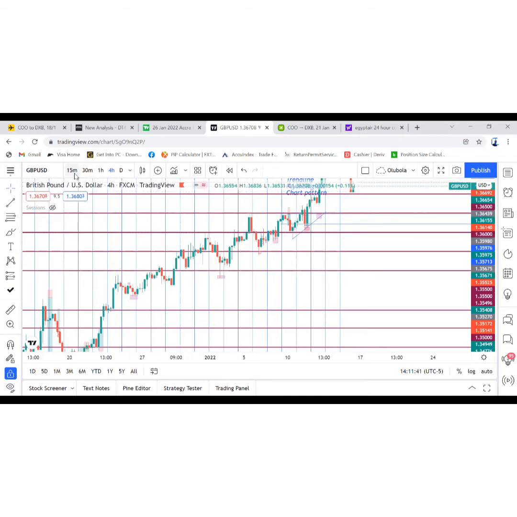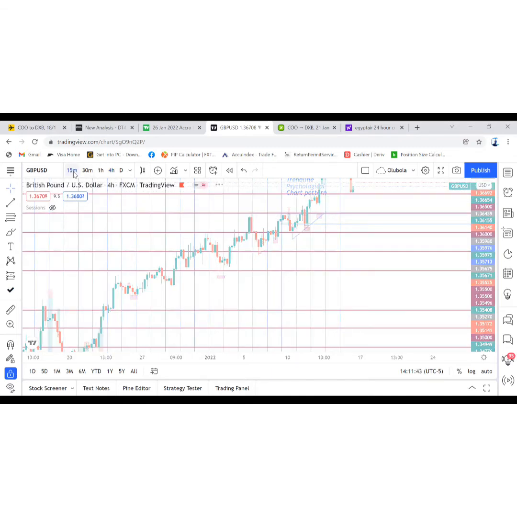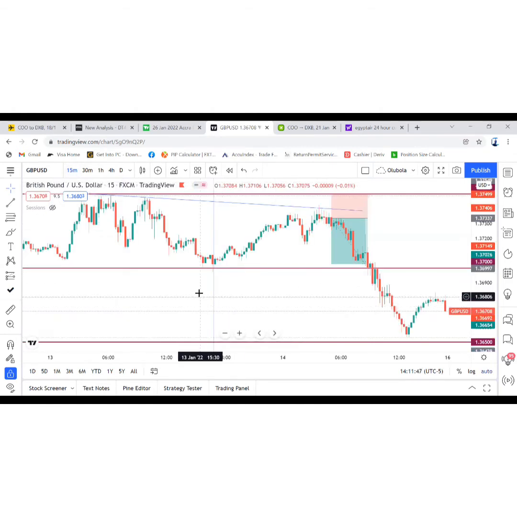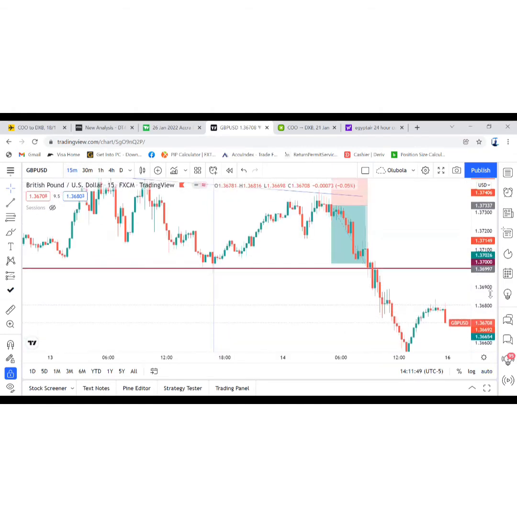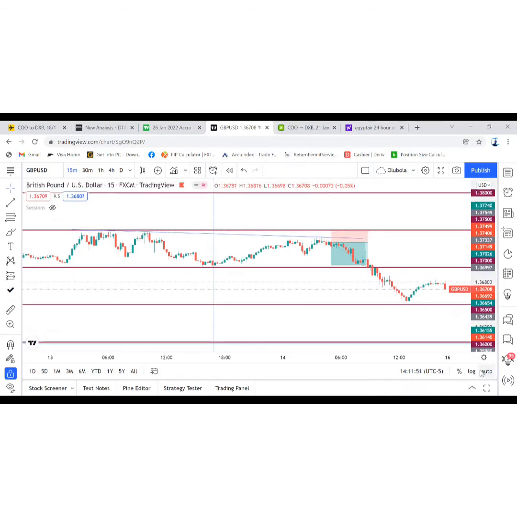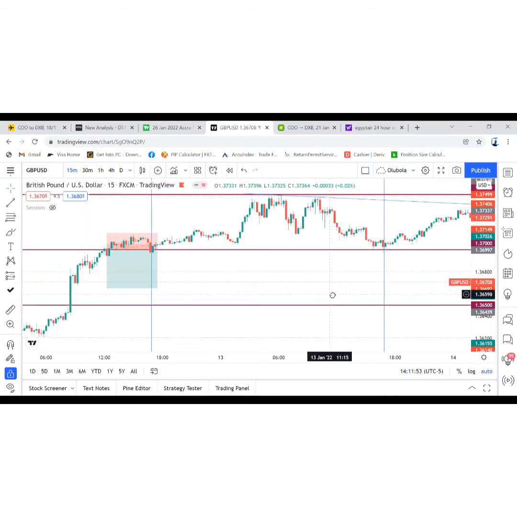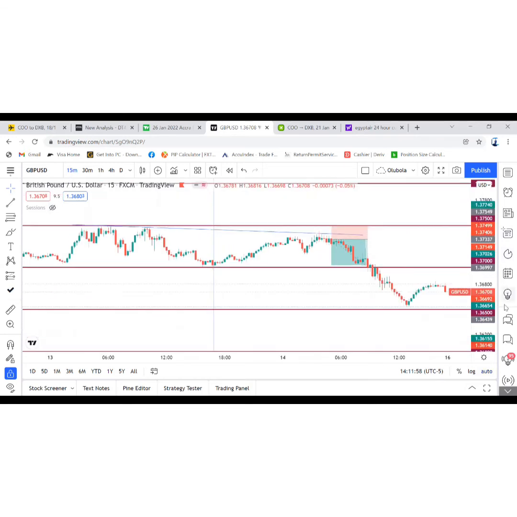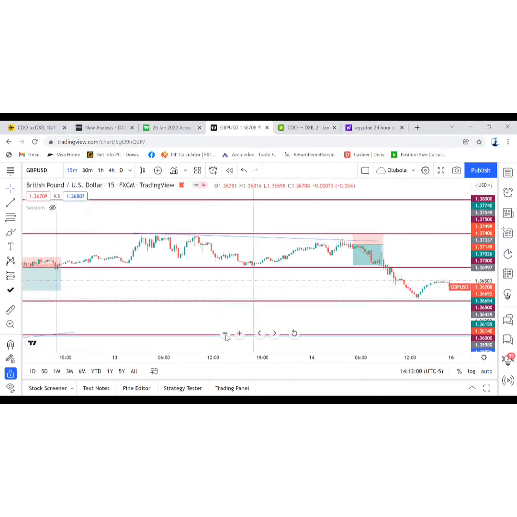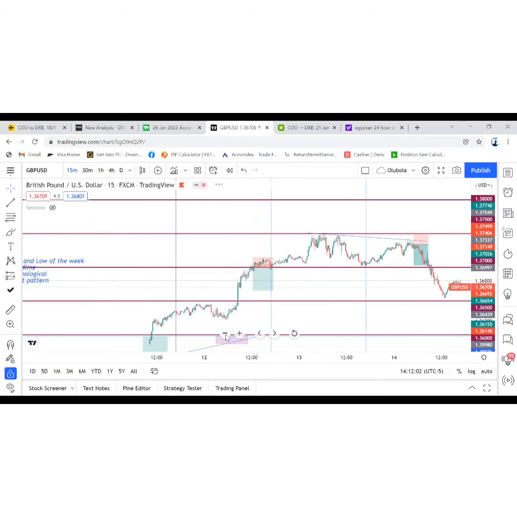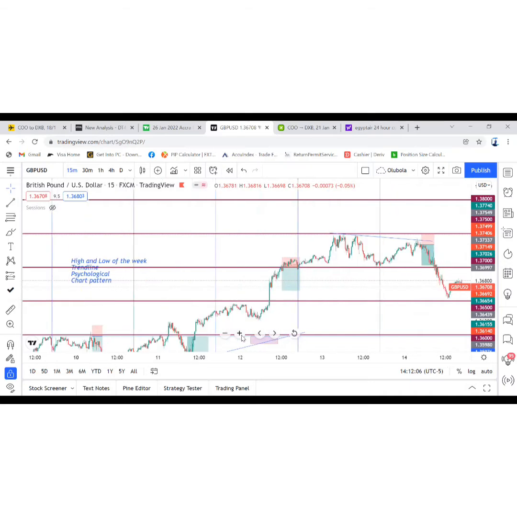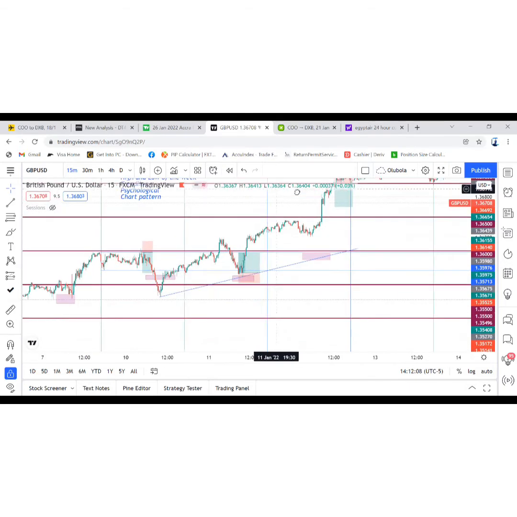Then I go back to my 15 minutes chart, my 15 minutes time frame. Sorry, let me minimize this so we can have a very good picture. So this is my 15-minute time frame.